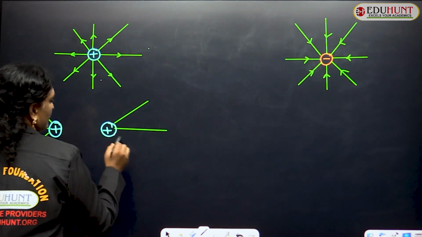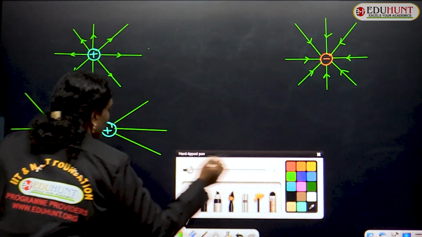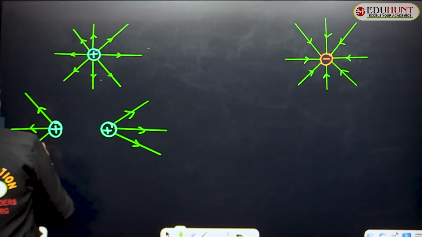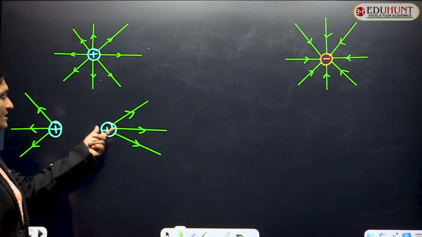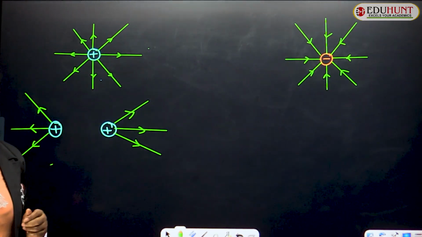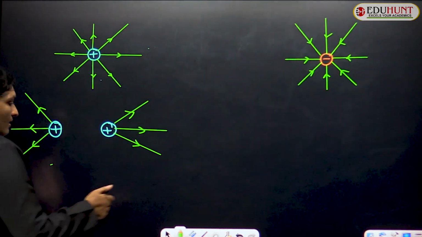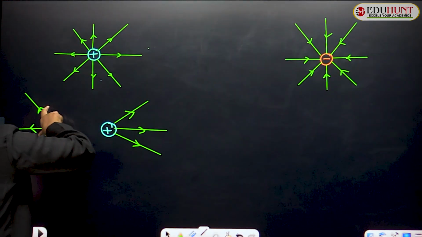A few lines I am drawing, children. And this is the direction, outward direction from the positive charge. As we know, this is also a positive charge, this is also a positive charge. We know that like charges repel each other. So, out of 8 lines I have drawn only 3.